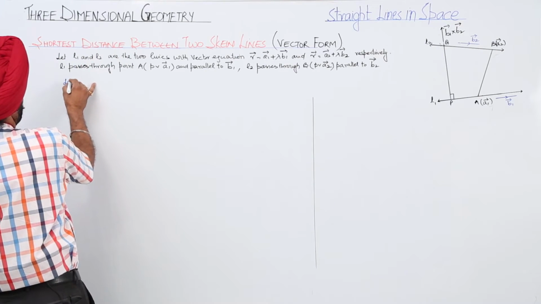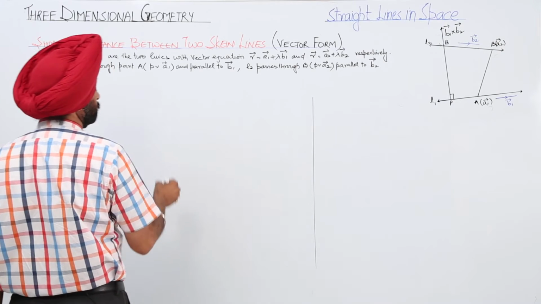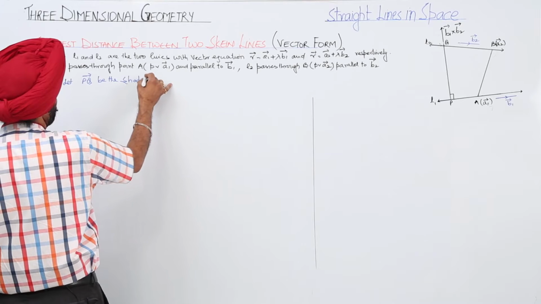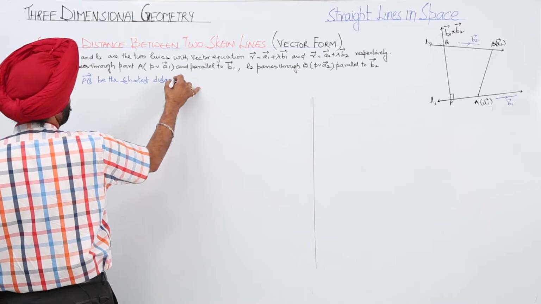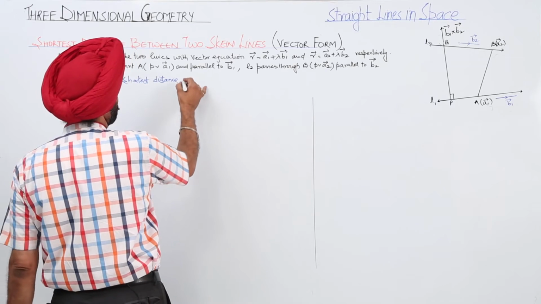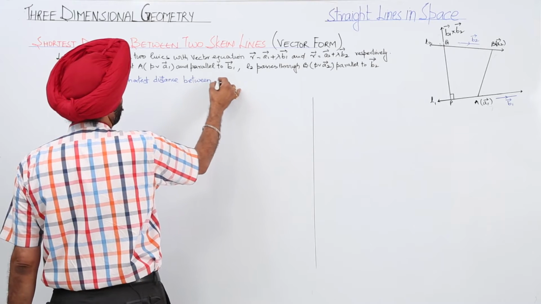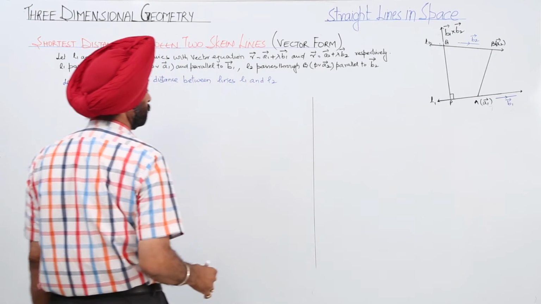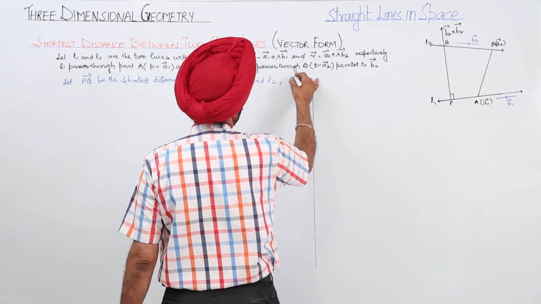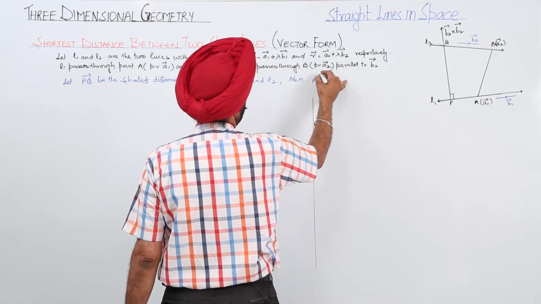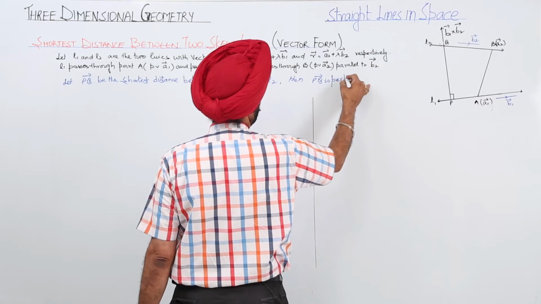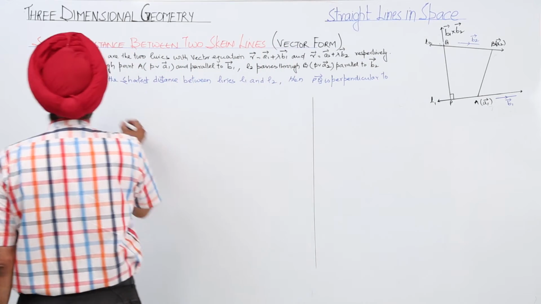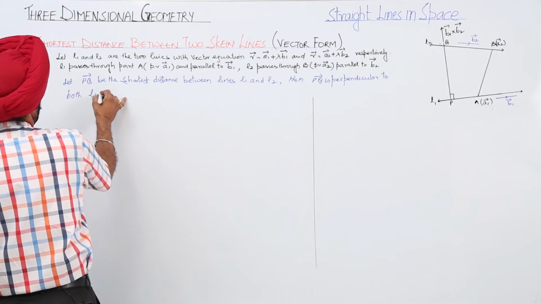Let PQ be the shortest distance between lines L1 and L2, then vector PQ is perpendicular to both line L1 and L2.